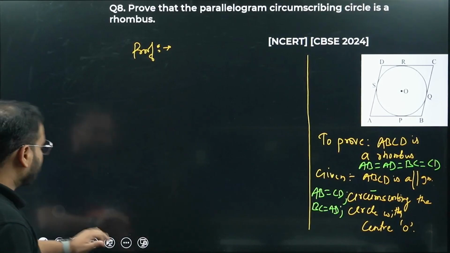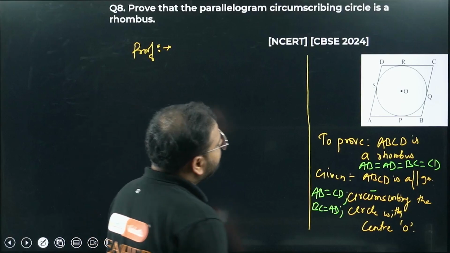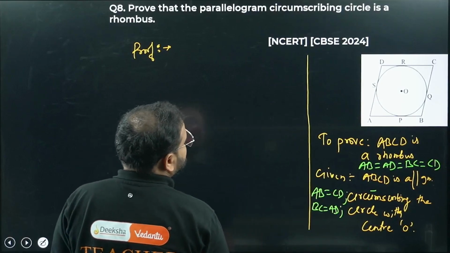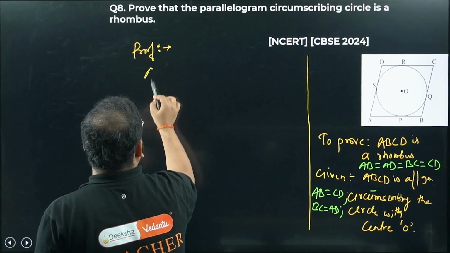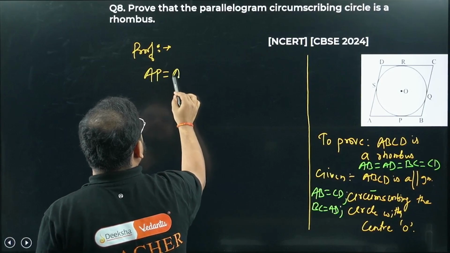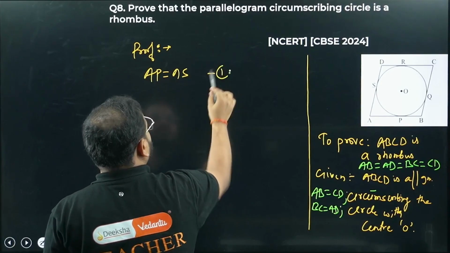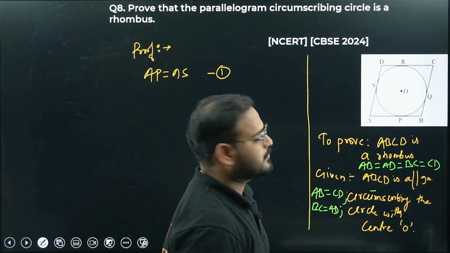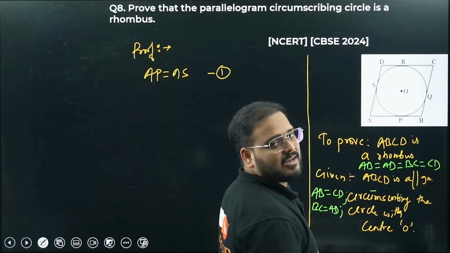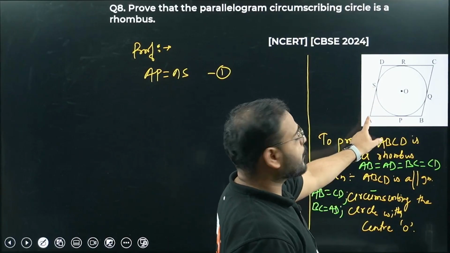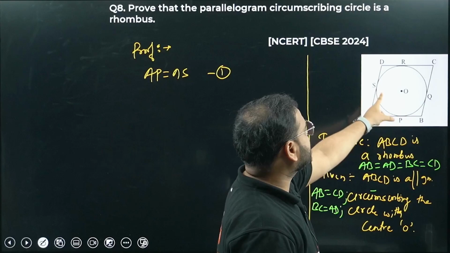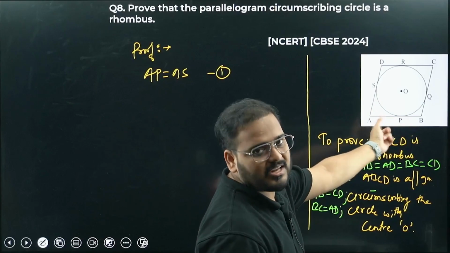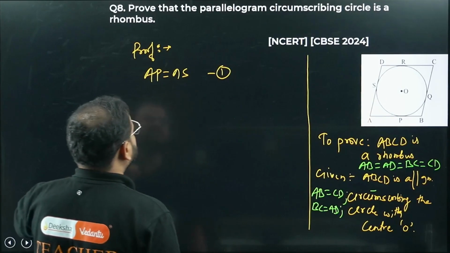Now let's look at the proof. We can say that AP equals AS, right? How come, sir? Because from the external point A, the tangents drawn to the circle are AS and AP. They are equal, right? So AP equals AS is true.